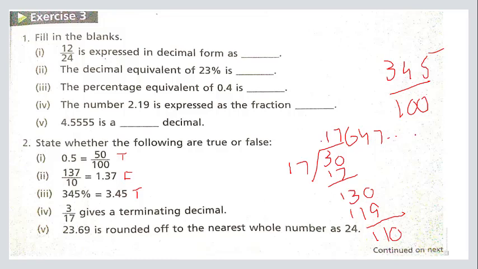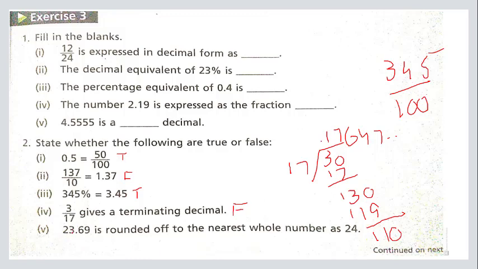This will go on. You can also check this result with the help of a calculator. So this is not terminating after the decimal point. This decimal number is going on, so this is not terminating. If it was terminating, it would have terminated after 1 or 2 decimal places. So this is false.